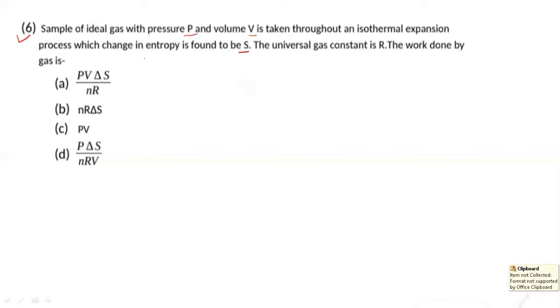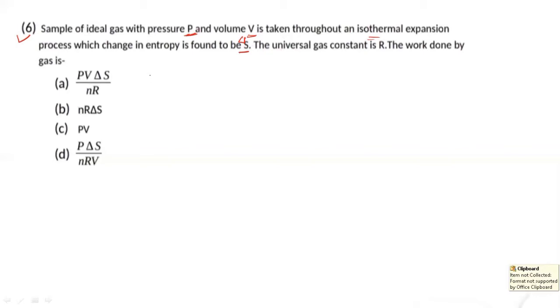Initially, for a sample of ideal gas, the pressure is P and volume is V, and it goes through isothermal expansion, meaning the temperature is kept constant. The change in entropy is delta S, the universal gas constant is R, and we need to find the work done by the gas.